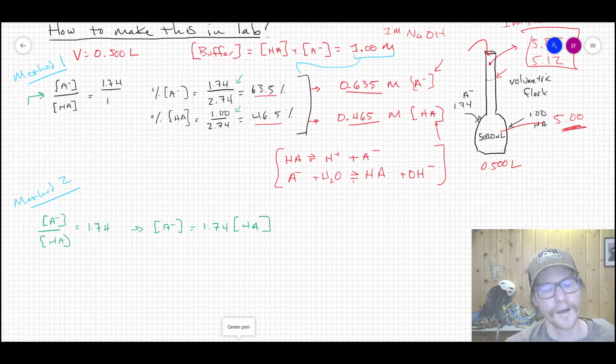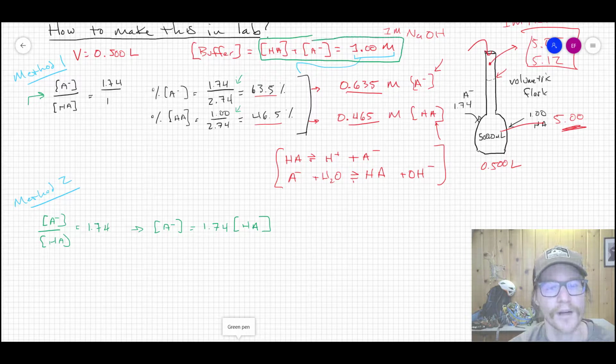But we need another equation, obviously, to solve this substitutionally, which we have conveniently up here already written. Right? I know that the concentration of my acid plus my base has to equal a constant, 1.0. So we could write that out again as HA, the acid, plus A minus, the conjugate base. Those have to add up to 1.00.